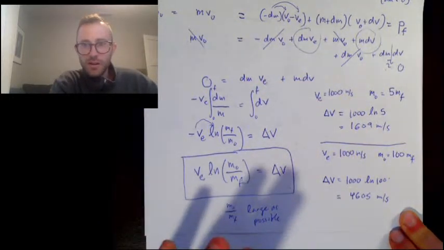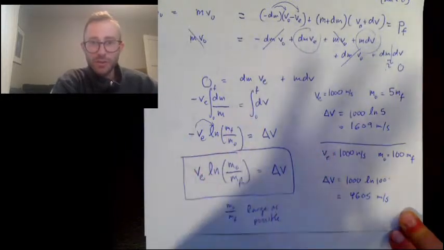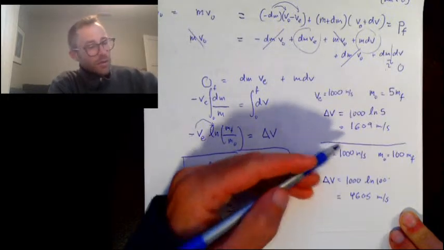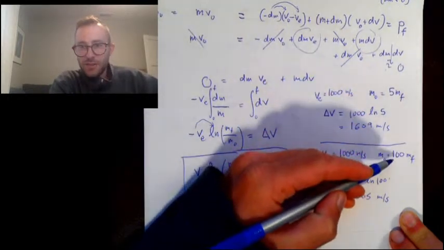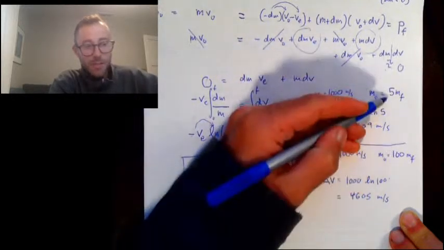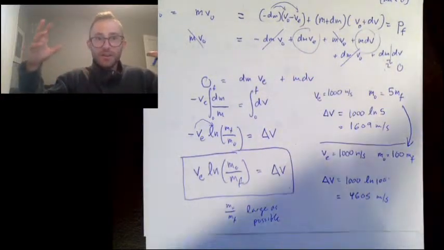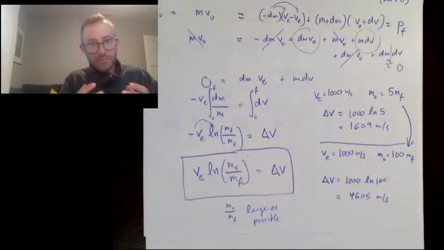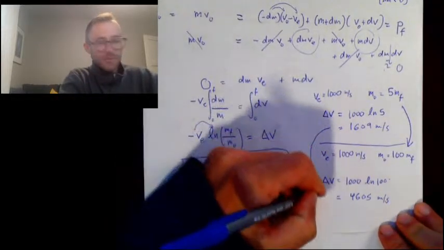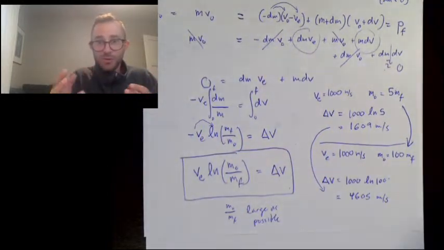And this right here is why space flight is so challenging. Look at this. You increased the mass of the rocket by 20 times, so you're carrying 20 times the amount of fuel, but you only get about 3 times the delta V. So it's not proportional.